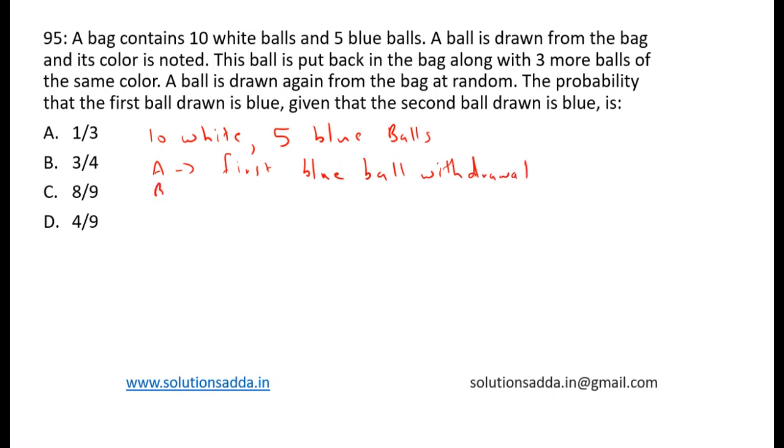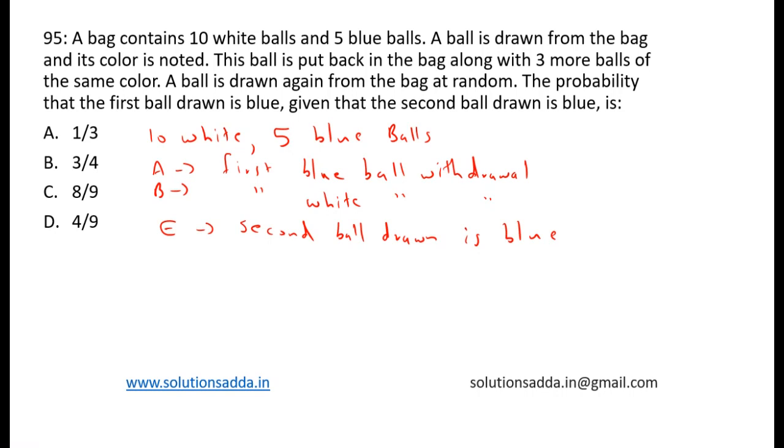Event A is first ball drawn is blue, event B is first white ball withdrawal, and event E is second ball drawn is blue.